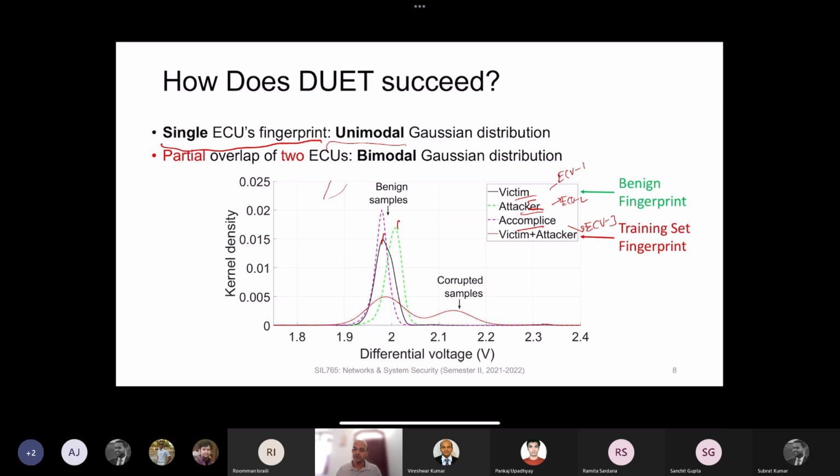What we did, which was very interesting, is that when the victim is transmitting its packet, the attacker could also go ahead and start transmitting something on the bus.